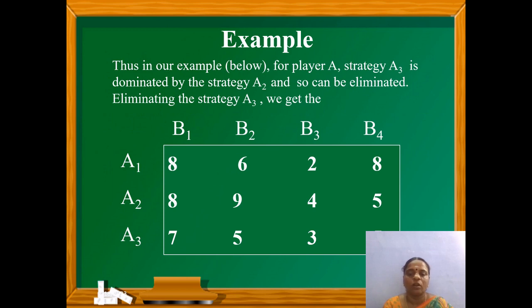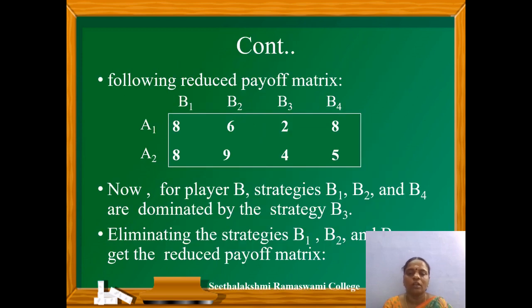We see one example for the dominance property. In our example below, for player A, strategy A3 is dominated by strategy A2 and so can be eliminated. We get the following reduced payoff matrix. Now for player B, strategies B1, B2 and B4 are dominated by strategy B3.